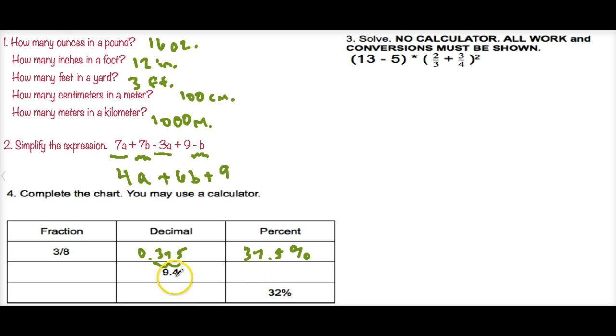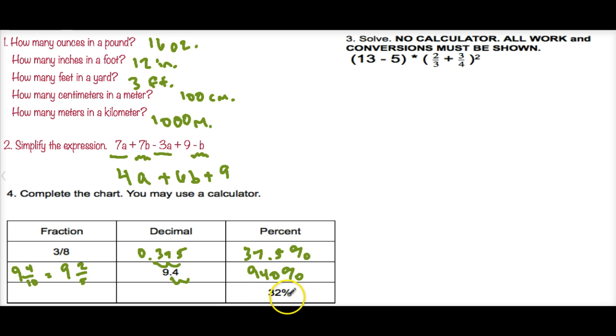For 9.4 as a decimal, we're going to move it 2 places to the right again to make it the percent. And then for the decimal to a fraction, we're going to read this out loud, 9 4/10. So 9 4/10 simplified to be 9 2/5.